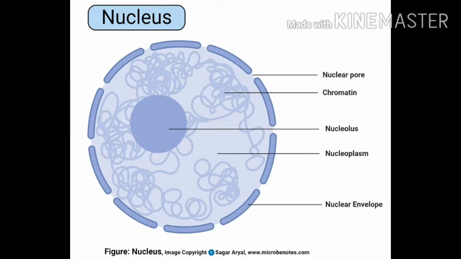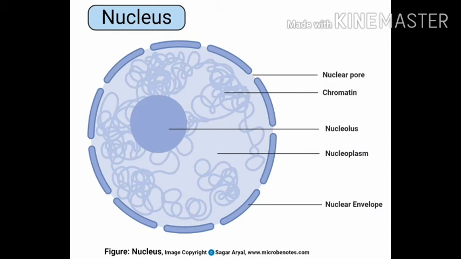Inside, there are thread-like structures found, called the chromosomes. So first of all, the thread-like structure, which is known as chromatin, the chromatin fibers we can see. The chromosomes form a dense tangle referred to as chromatin.